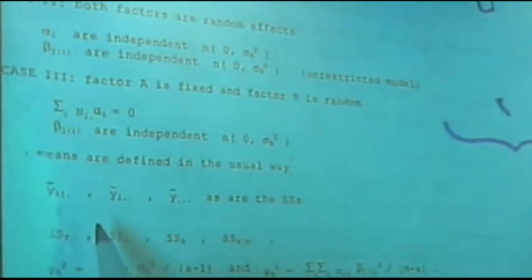And so we continue along, we define means the same as before, sums of squares the same as before, and notice here's our new one, sum of squares B within A, and it's right in the list. So we use the same formula that we had before.